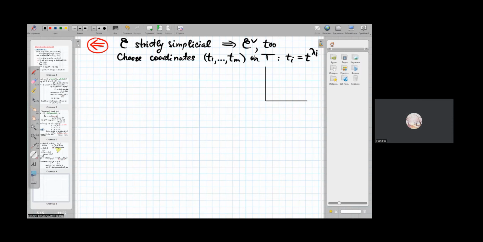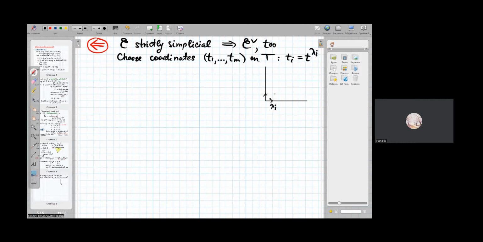We can choose coordinates corresponding to this basis. So maybe this would be the basis vectors. This would be our lambda i's.